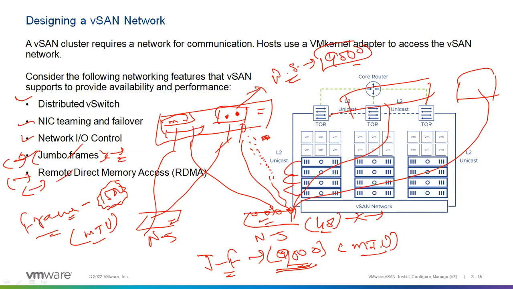RDMA is nothing, just a network interface card that will be mapped directly to your PCI adapter and you will get the equivalent performance. But when we do active standby, that's a similar kind of configuration. If I have made one dedicated NIC active for vSAN, then that's fine. Okay, are we clear?